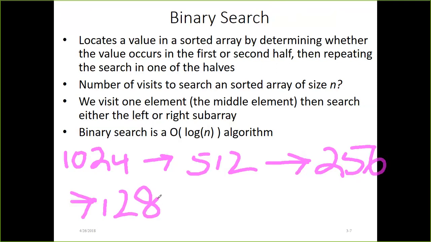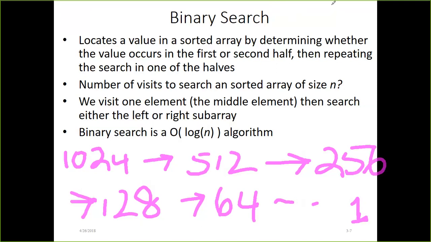Every time it gets halved. How many times does it need? Maximum 10 iterations, because 2 to the power 10 equals 1024, until it comes to 1. This is why it is called big O log n. The base of this logarithm is 2.